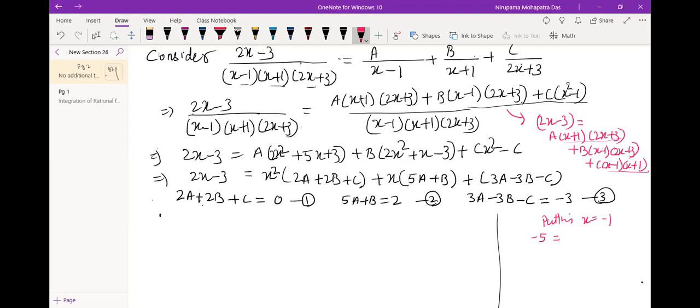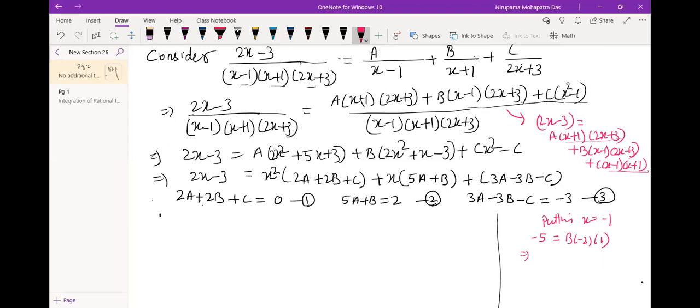So here it is B into minus 2 plus 3. So it means you are getting minus 2B.